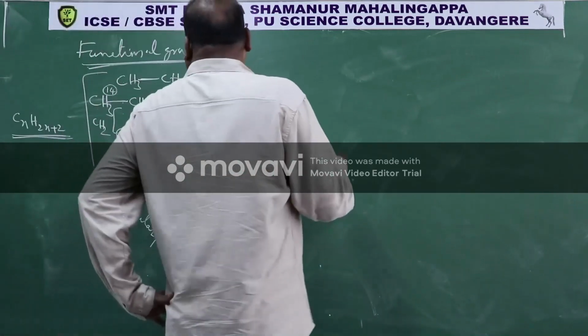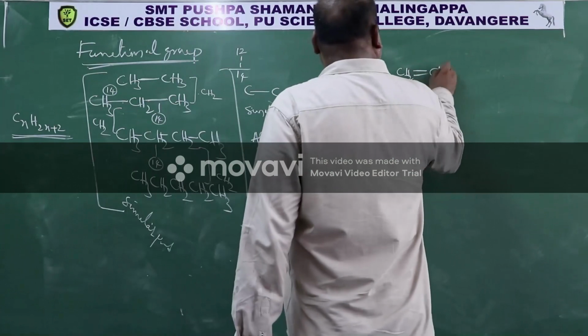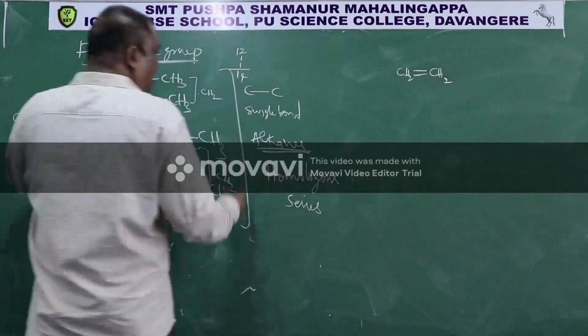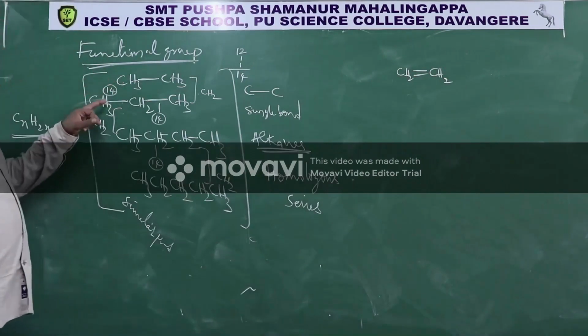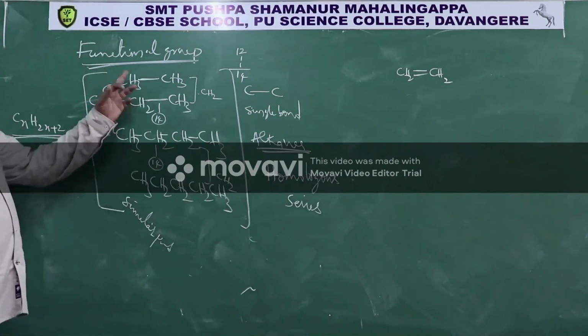Now I will write CH2 double bond CH2. It is called ethene. See, here they are all alkanes: this is ethane, propane, butane, pentane.